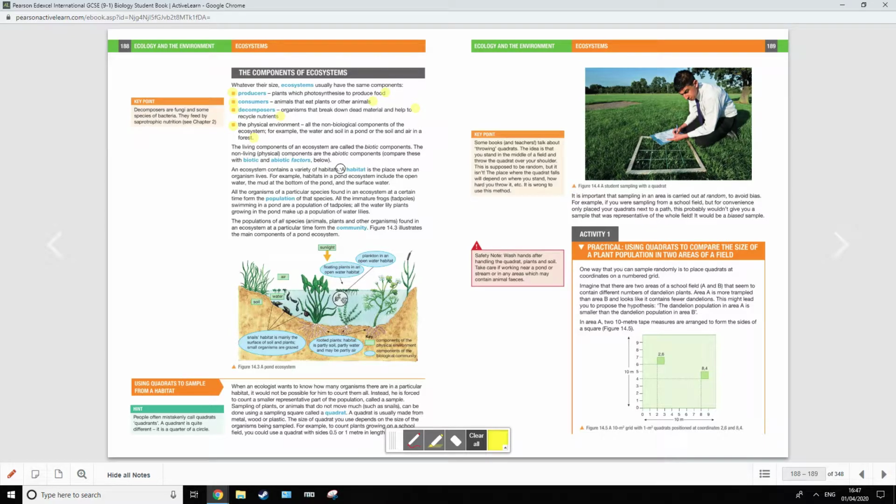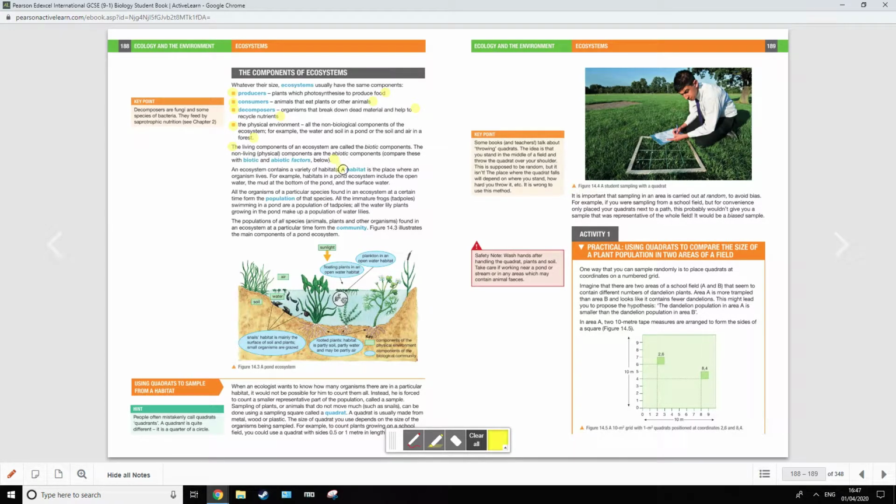The non-living physical components are the abiotic components. If you can highlight this as well, so living factors, animals and organisms, plants: the biotic factors. And you have the abiotic factors, which are non-biotic, which essentially means non-living things.